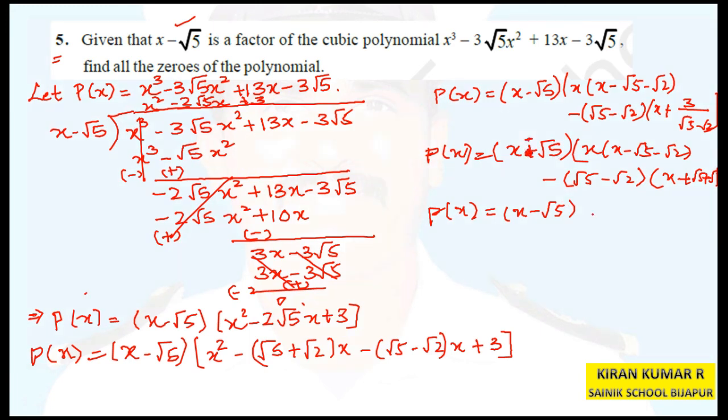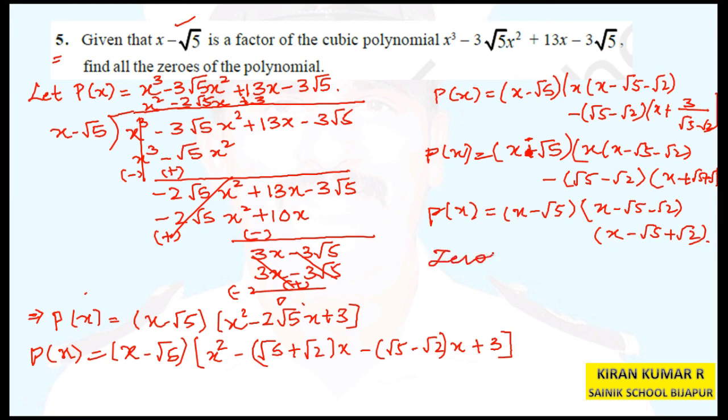So x minus root 5 times x minus root 5 minus root 2 times x minus root 5 plus root 2.